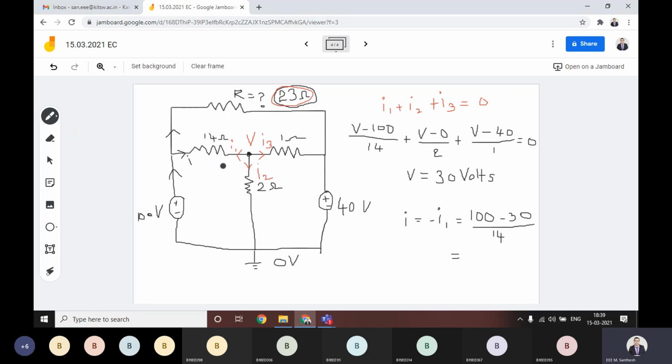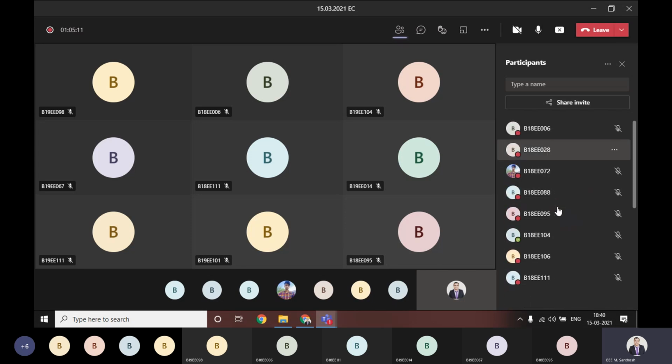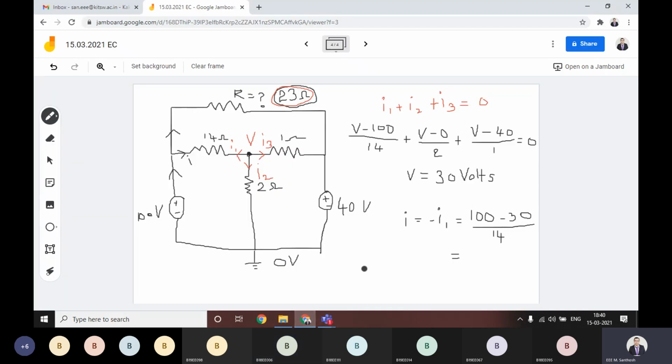How much current? 100 minus 30 by 14. You will get 5 amperes exactly. Here it is flowing 5 amperes.